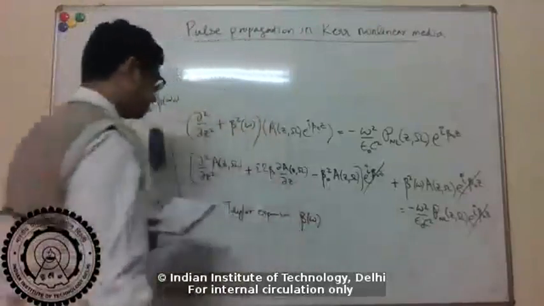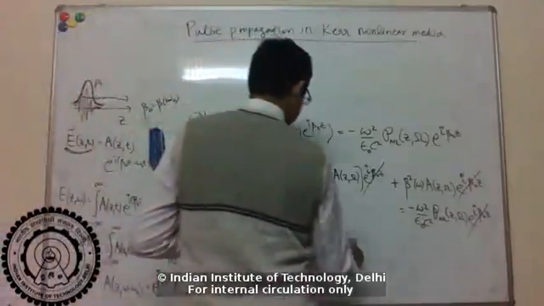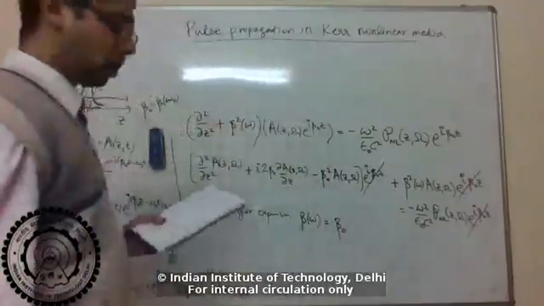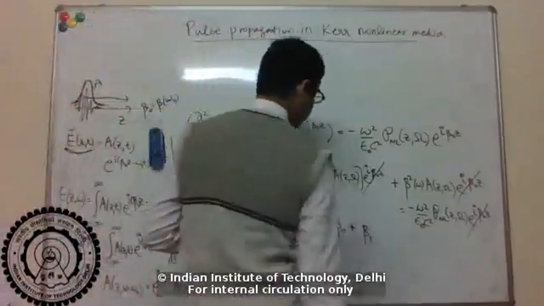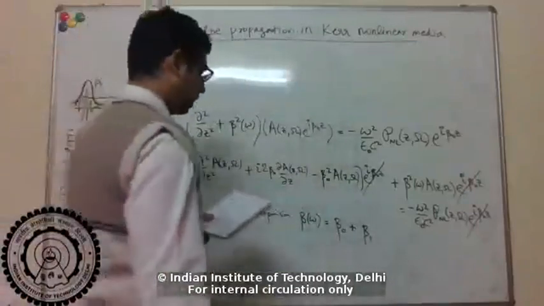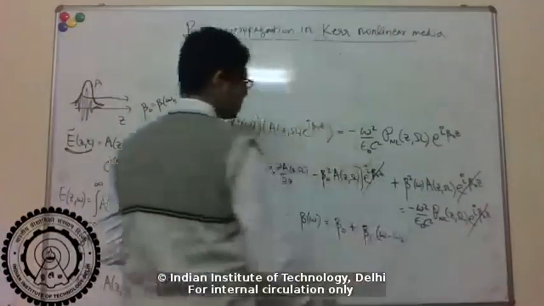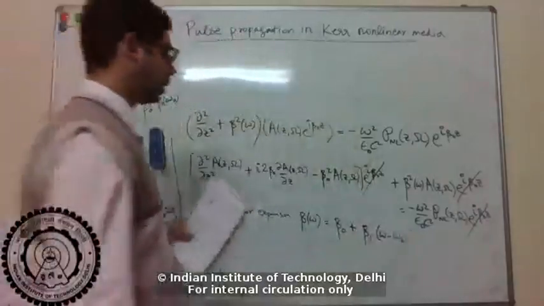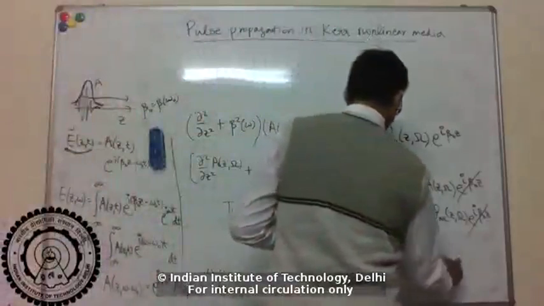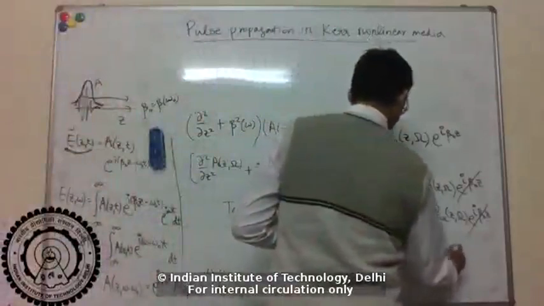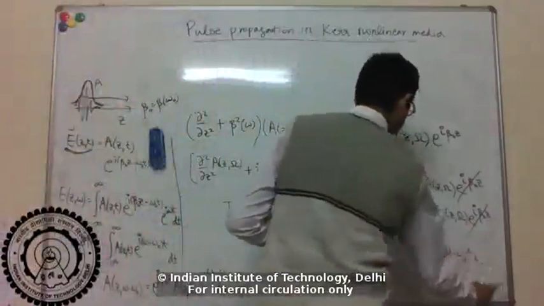So beta of omega, we can expand about the center frequency: beta at omega naught, plus beta 1, which is the first derivative of beta at omega naught, times the detuning omega minus omega naught, plus the second derivative, which is beta 2, times omega minus omega naught squared, and so on.